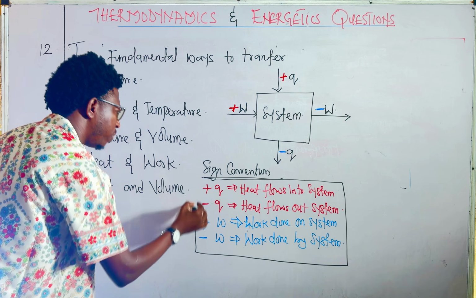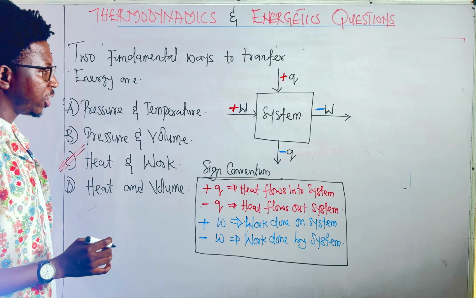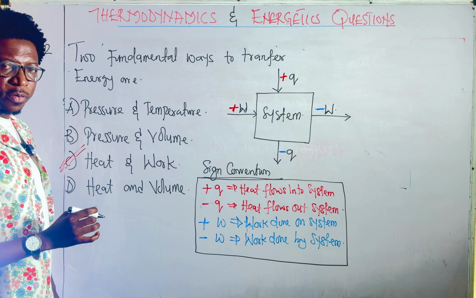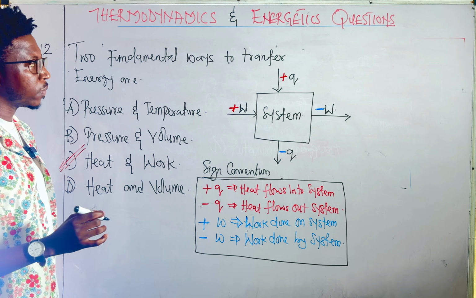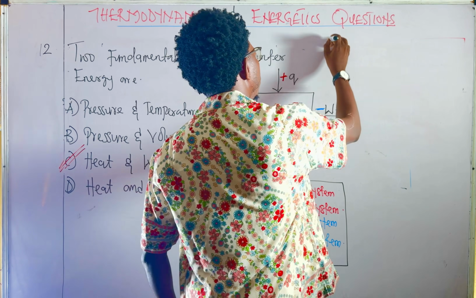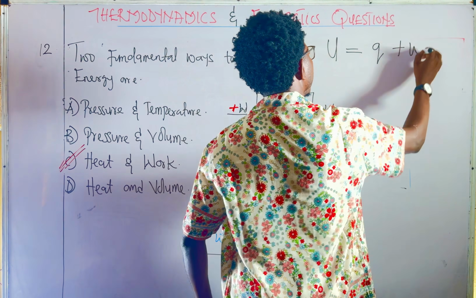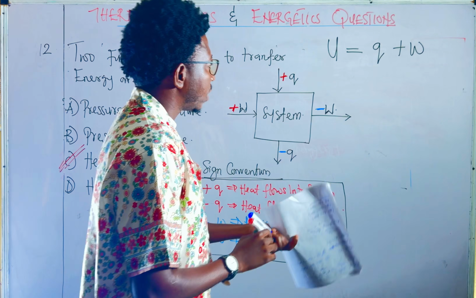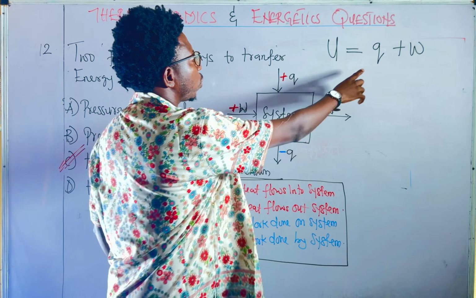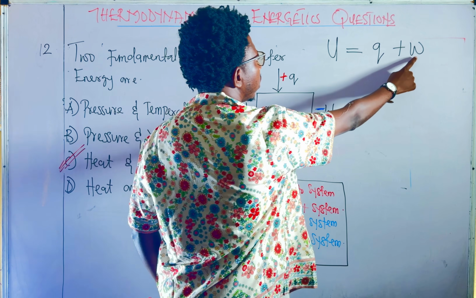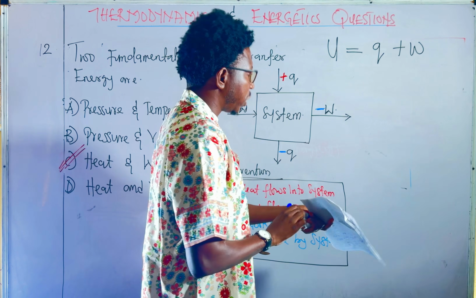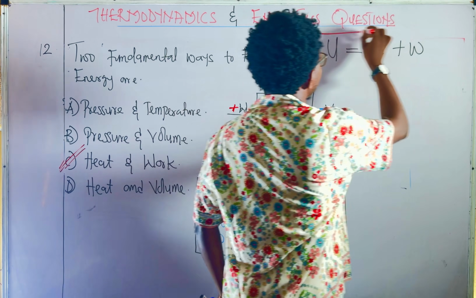Now, there's a relationship between internal energy, heat flow, and work done. Internal energy U is equal to Q plus W. So internal energy is equal to Q, which is heat flow, plus W, which is work done.